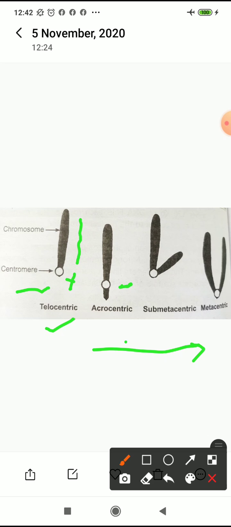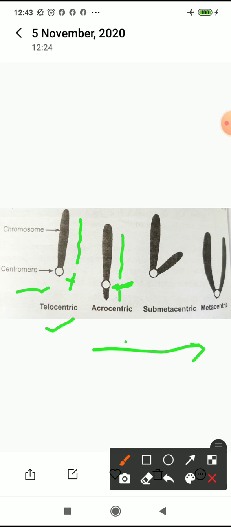These are also rod-shaped chromosomes, having a subterminal centromere. This position of centromere is subterminal. In this chromosome, one arm is very long, this one, and the other arm is very small.